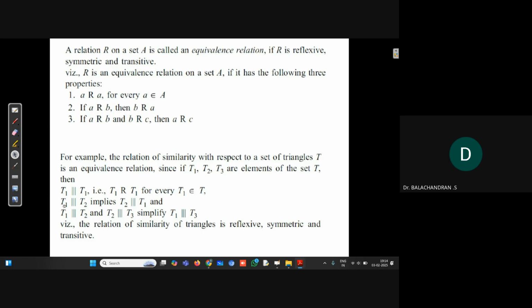And then T1 is similar to T2 implies T2 is also similar to T1, and hence it satisfies symmetry. The third one is transitive, which you can easily prove. T1 is similar to T2, T2 is similar to T3 implies T1 is similar to T3. Hence it is an equivalence relation.